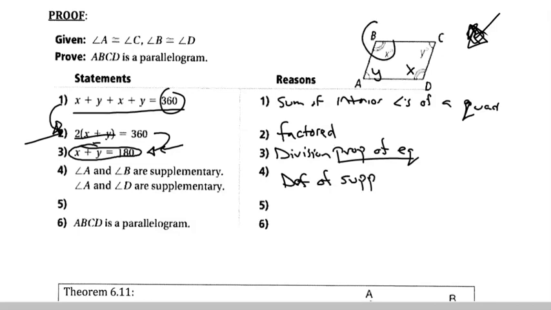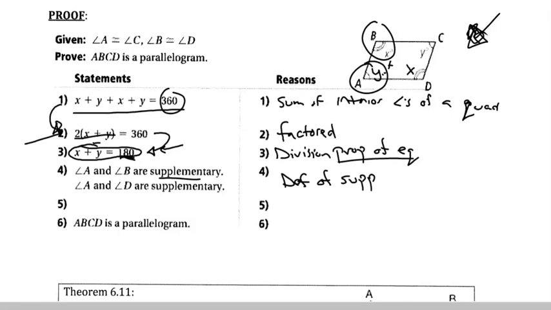Do you see angle A and B are the x and the y, and they're saying they add together to be 180? Cool. And then they said that they were supplementary. So that's just definition of supplementary. Once we get here, we have B is supplementary to A and D is supplementary to A, right?